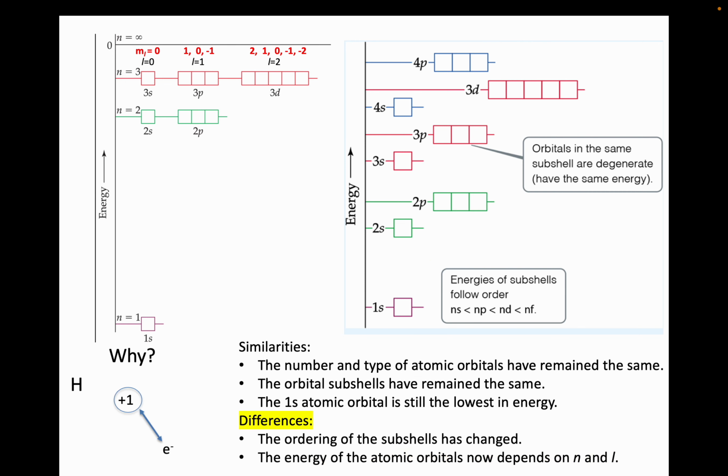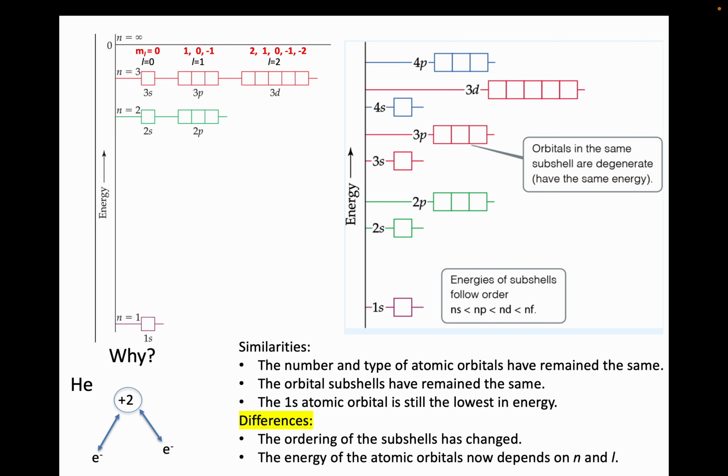Now we might ask, why are there differences? For a 1 electron system, like hydrogen, we have 1 proton and 1 electron. And it's the interactions between that positive charge and the negative charge that leads to the different energy levels. As soon as we get to helium, we have 2 protons, and now we have 2 electrons.